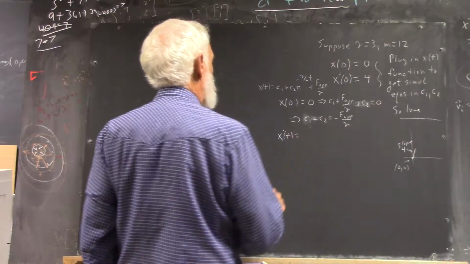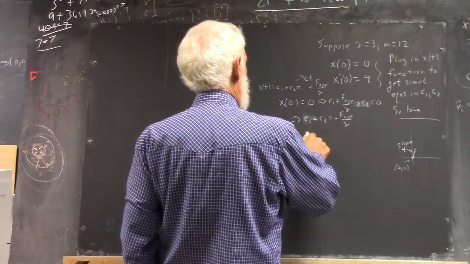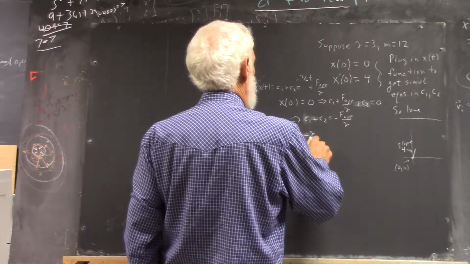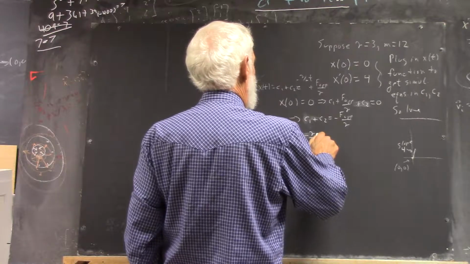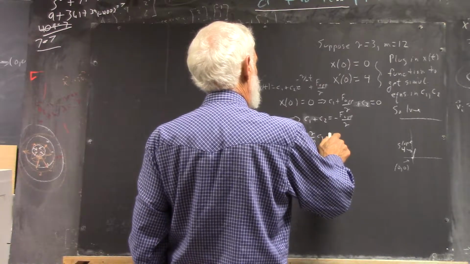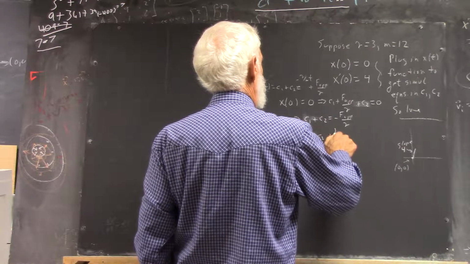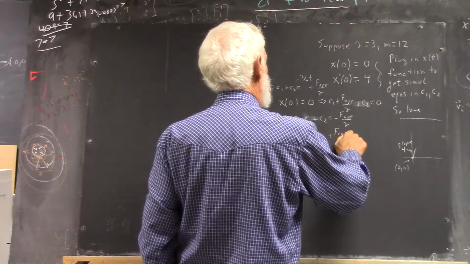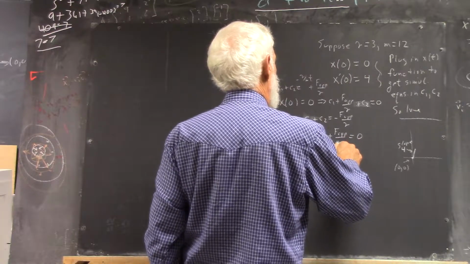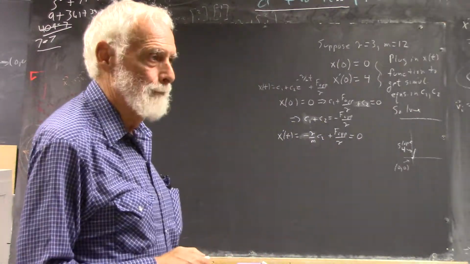Let's write out what x prime of t is. It's negative gamma over m C2 plus f applied over gamma equals 0, right?